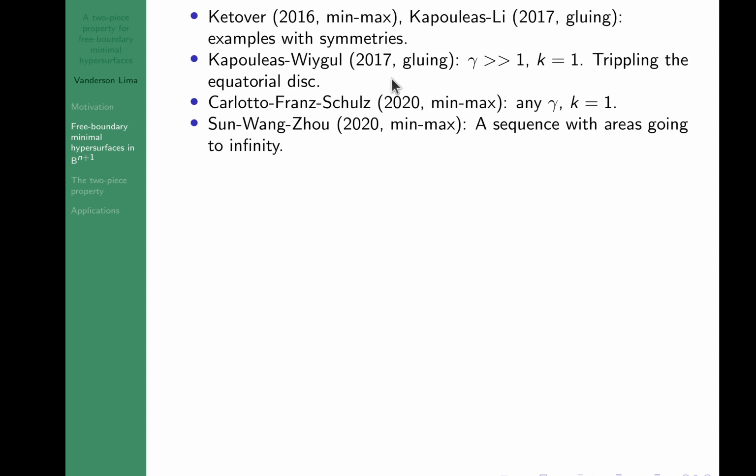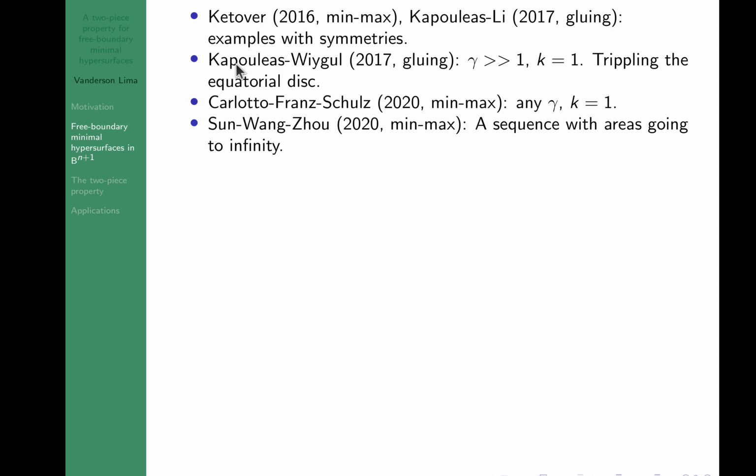In all these previous constructions using min-max, people have used equivariant min-max, a version of the min-max technique which always takes symmetries into account.